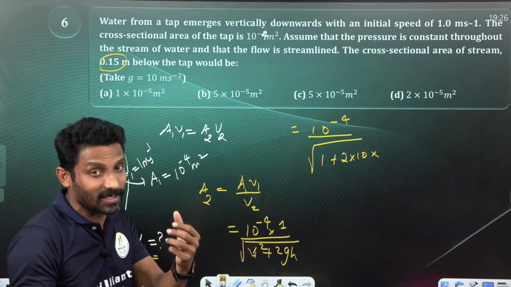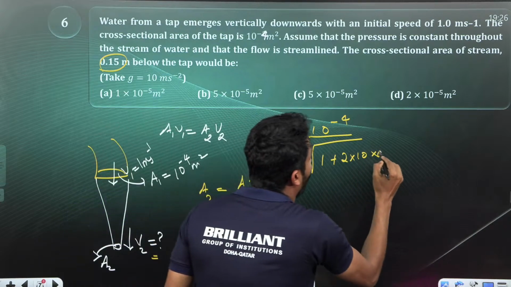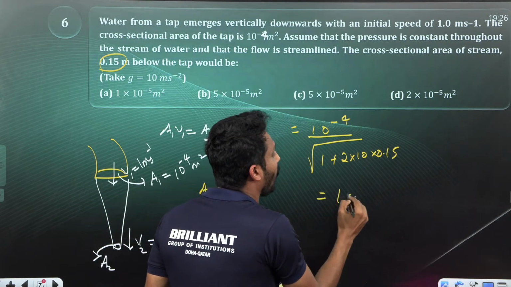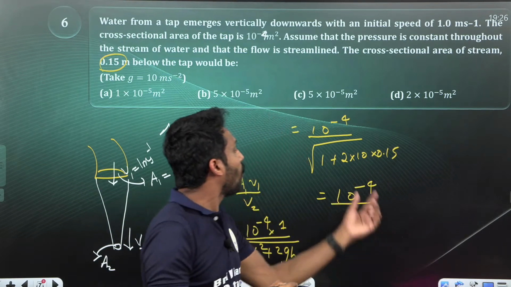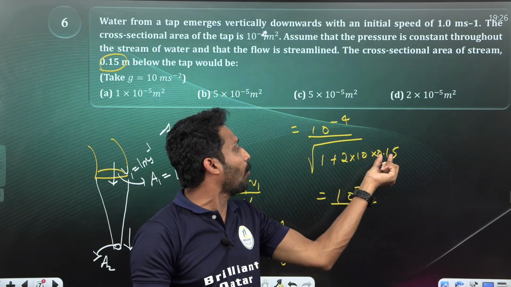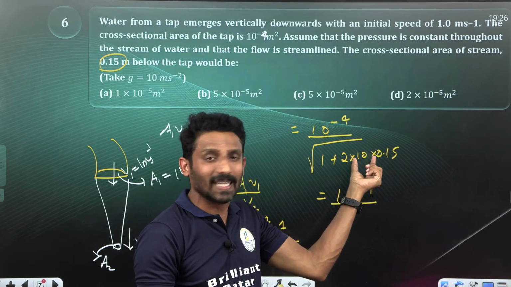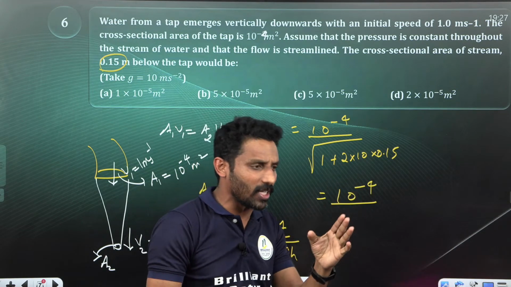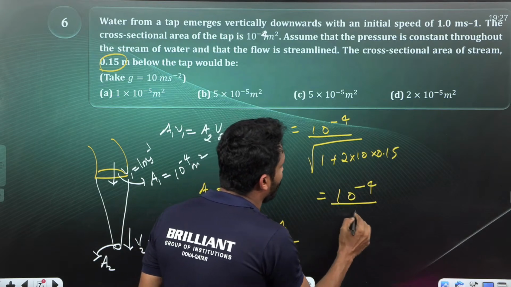So 10 power minus 4 divided by root of, 10 into 0.15 is 1.5, into 2 is 3, 3 plus 1 is 4, root of 4 is 2.